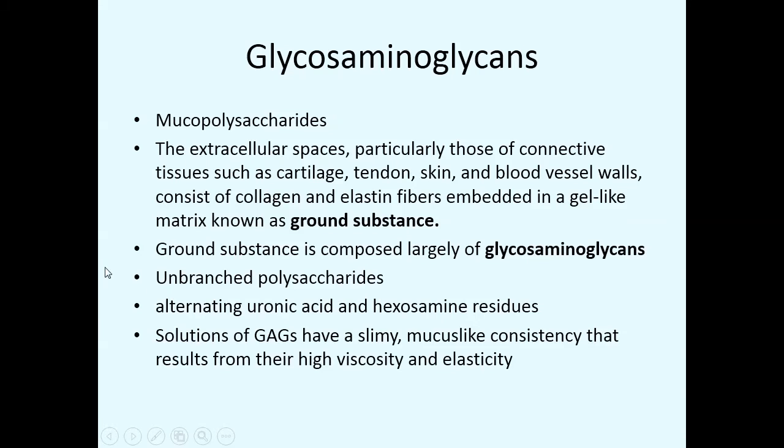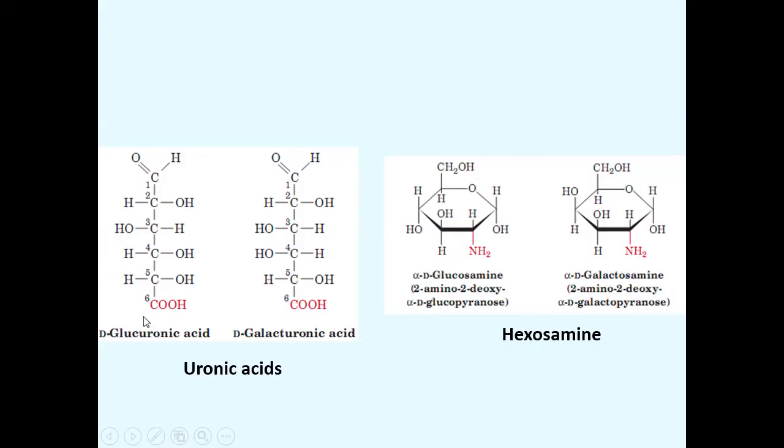Remember that uronic acids are oxidized derivatives of monosaccharides which contain a carboxyl group on the last carbon. In this figure, you can see two common uronic acids, namely glucuronic acid and galacturonic acid. They both contain a carboxyl group on their carbon number 6.